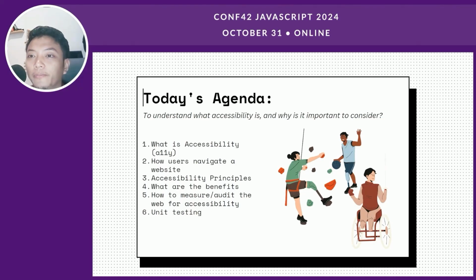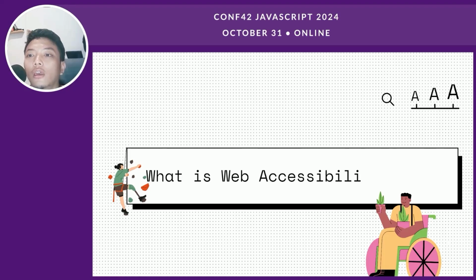Let's dive in. First things first, what is web accessibility? And what is accessibility itself? When you say accessibility, you can also pronounce it A11Y. Basically, it's a numeronym.